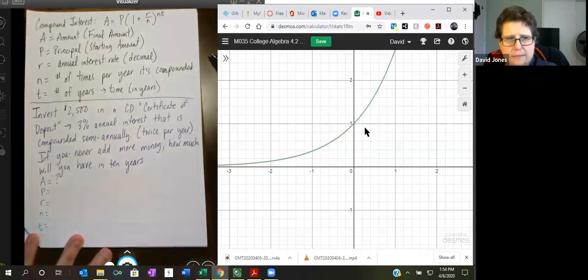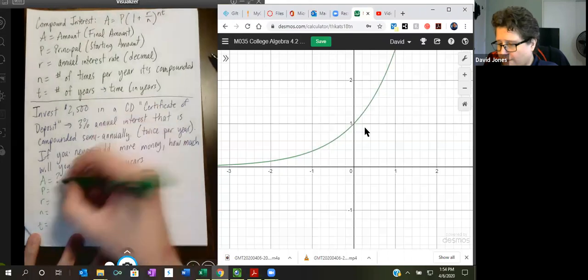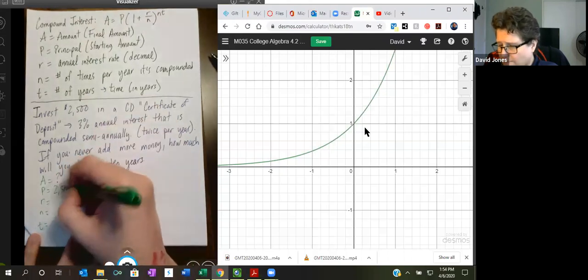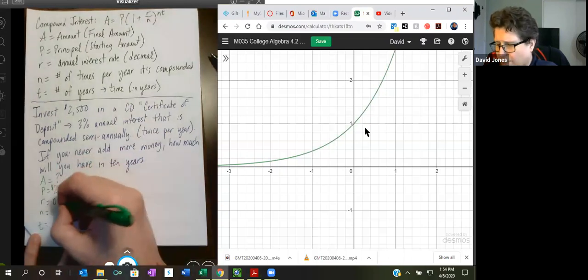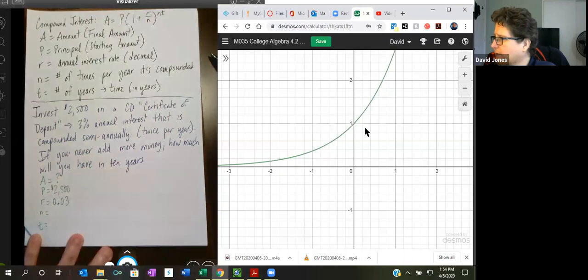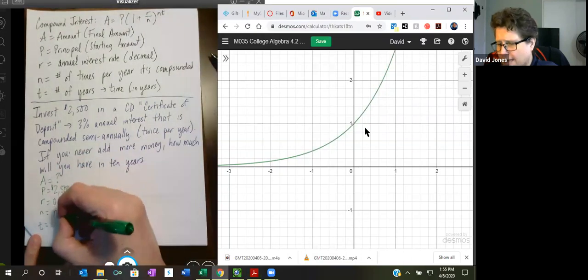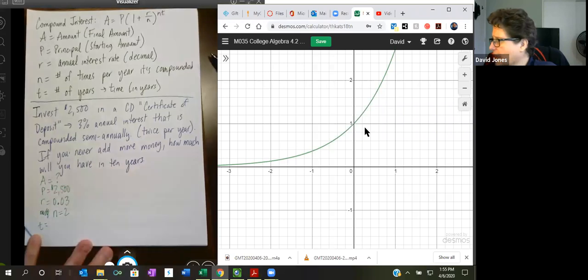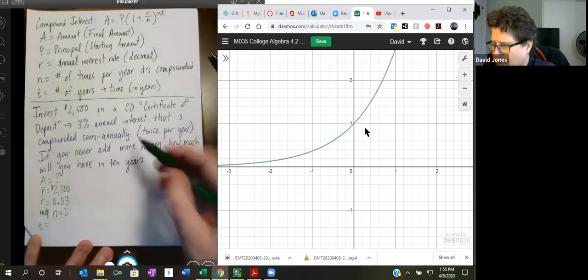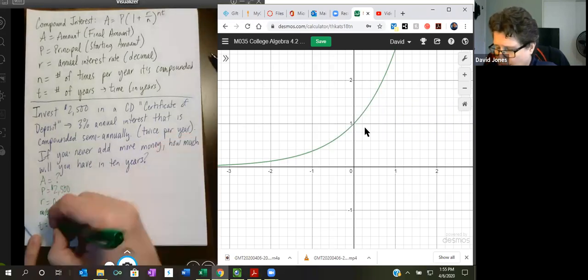The starting amount is the amount we invested, $2,500. The annual interest rate was 3%. In decimal form, it's 0.03. Compounded semi-annually is twice per year, n equals 2. And we said, how much will we have in 10 years? T equals 10.